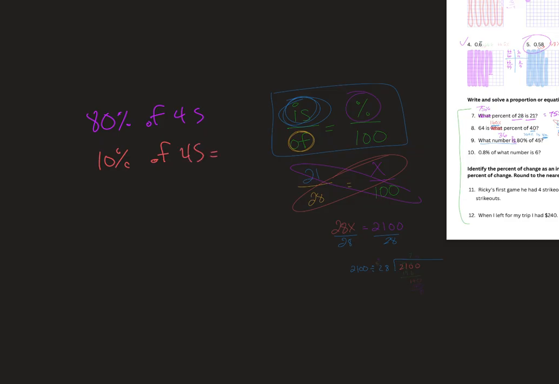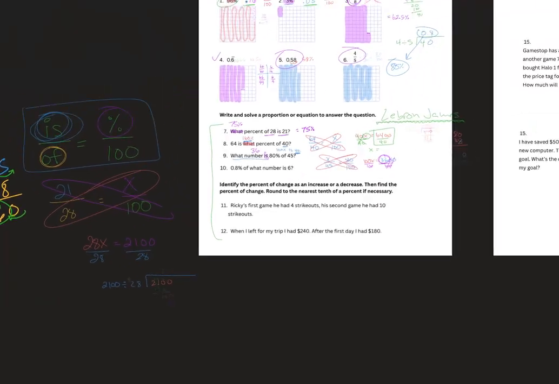You take the decimal and move it once, 4.5. And then you multiply that by 8. 8 times 5 is 40. 8 times 4 is 32, plus that 4 is 36. We move one decimal. We move one decimal. 10%, so 80% of 45 is 36, and that's what we got here. Wowzers.